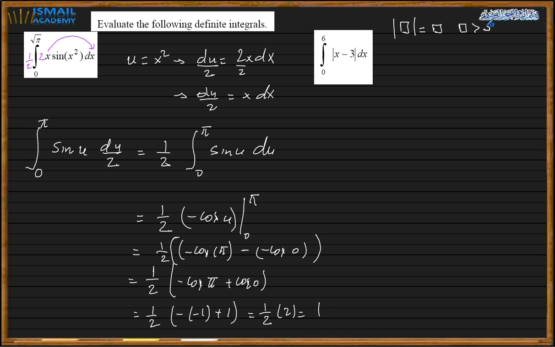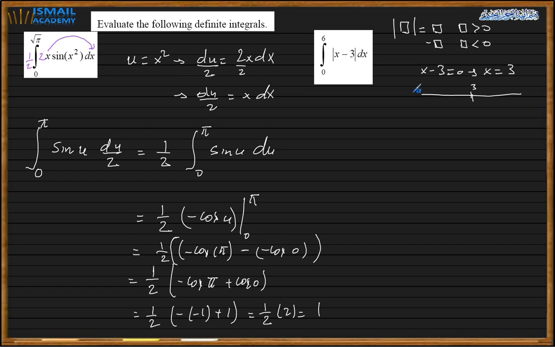So to know when it's positive or negative, I have to know where it equals 0. x equals 3, which means the right side of 3 is positive, and on the left side I will have negative.